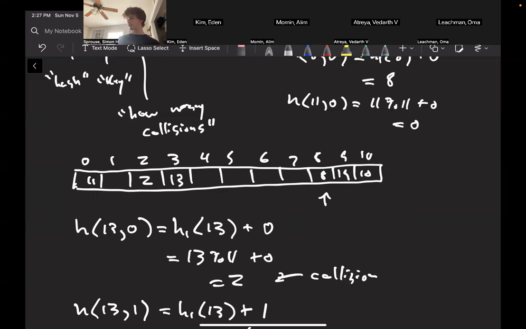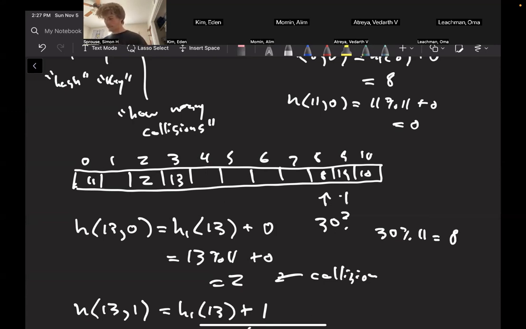Can someone think of a good number that would give us a problem, off the top of their head? Maybe 30. Yeah, so 30 mod 11 is going to give us 8, right?